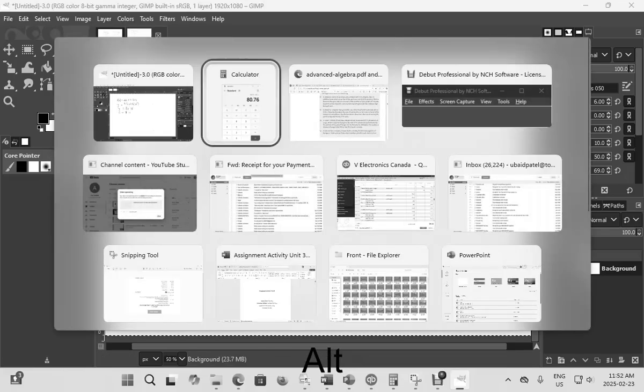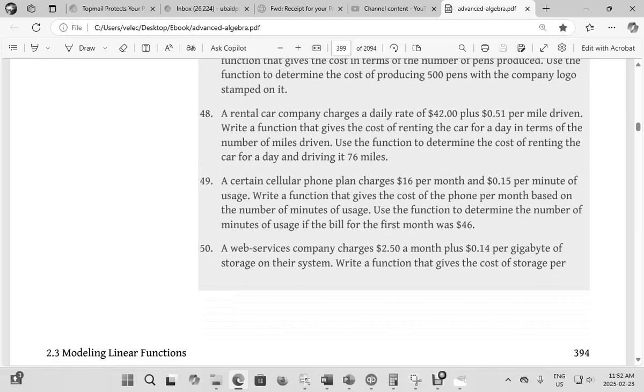Moving further down, let's look at another example. A certain cell phone company charges $16 per month and 15 cents per minute of usage. Write a function that gives the cost of the phone per month based on the number of minutes of usage.